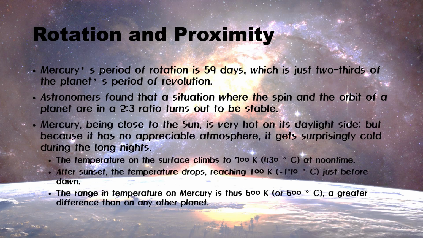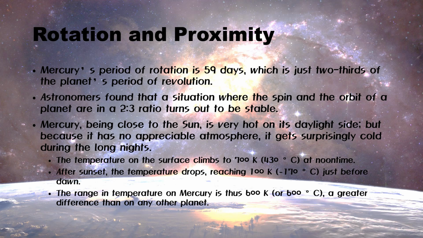Mercury, being so close to the sun, is very hot on its daylight side, but it has no appreciable atmosphere. Mercury does have a very thin atmosphere, but it's so thin that a lot of times it is washed away in the solar wind. So what happens is it gets surprisingly cold during the long nights.